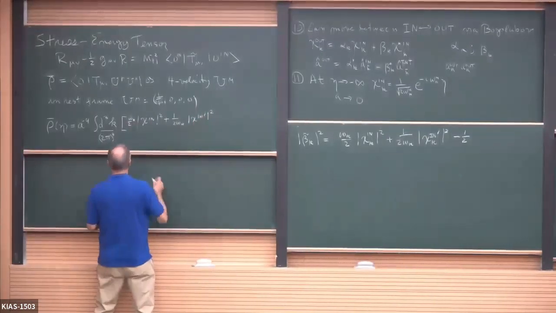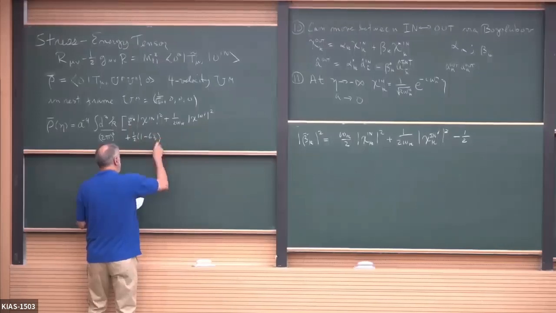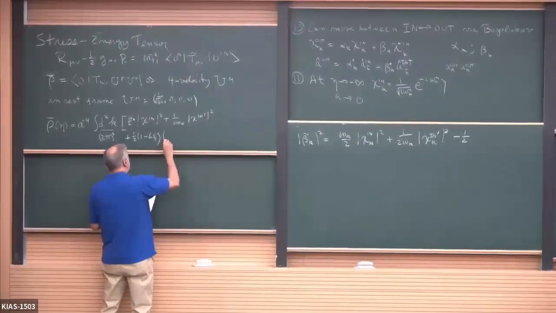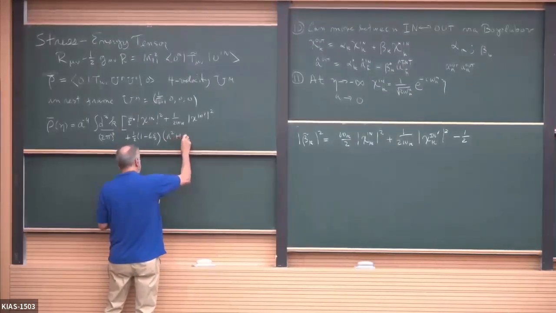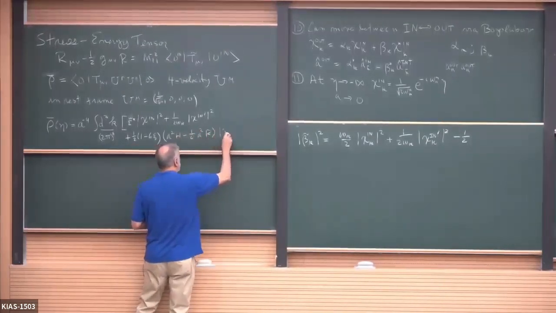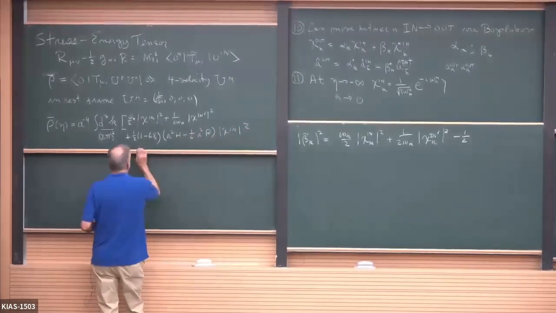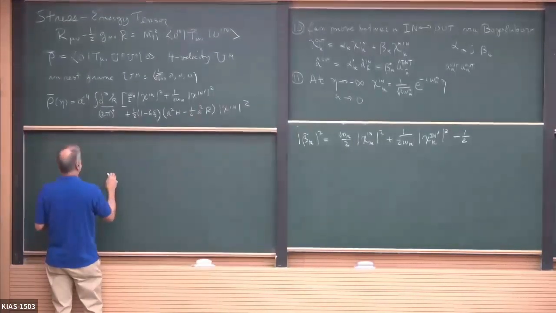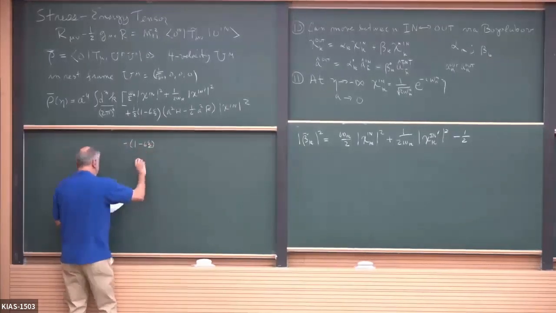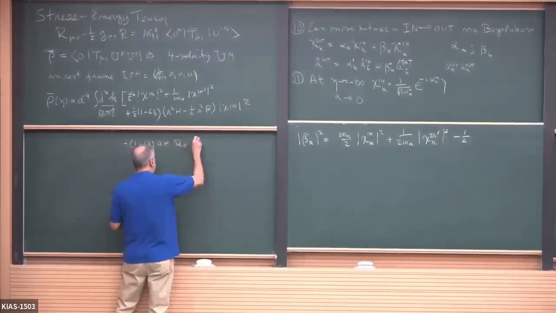And then there are additional terms that involve one minus 6c. And one more term, you can calculate this, if you will, for homework. It's a rather boring calculation. Perhaps I've done it correctly.